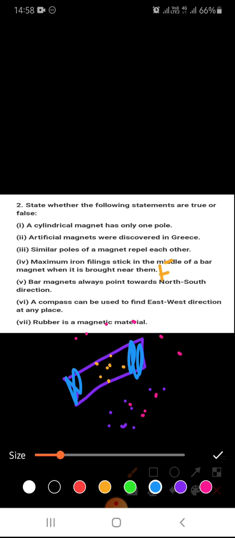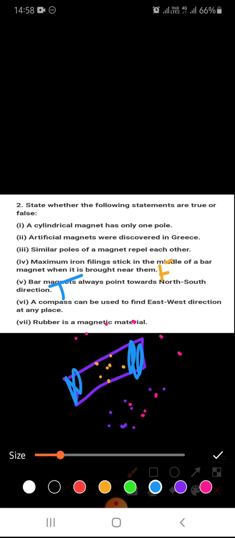Fifth one: a bar magnet always points towards the north south direction. True, all magnets always point towards the north and south direction. A compass can be used to find east and west direction at any place.